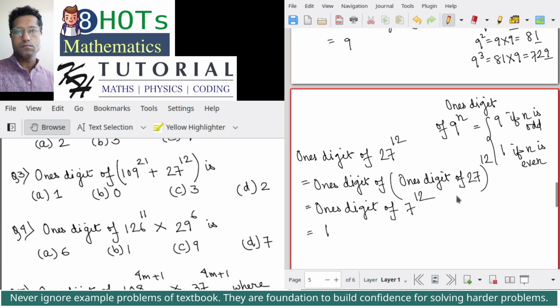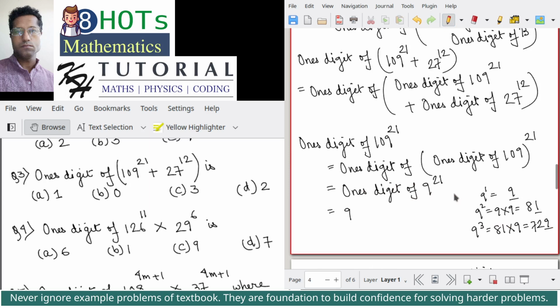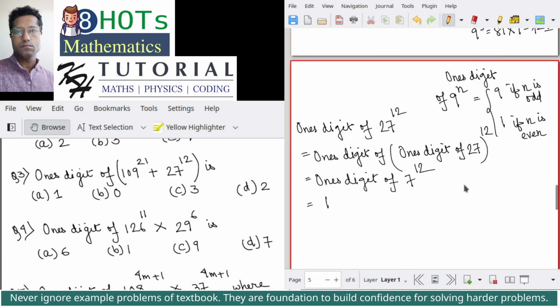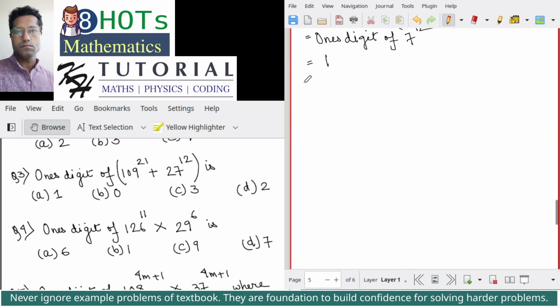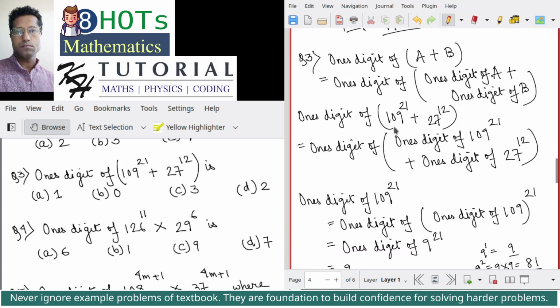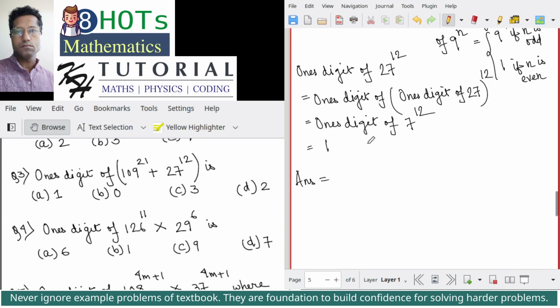Now what will the answer be? The answer will be the ones digit of the sum.